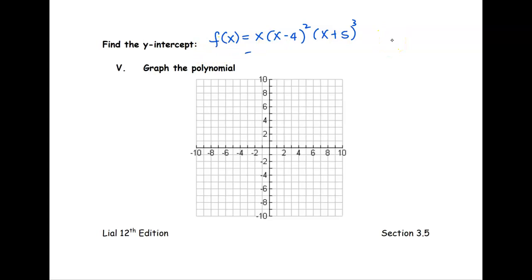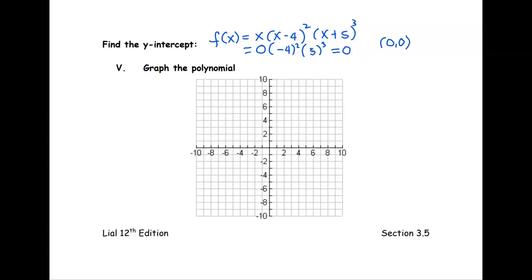So if x is equal to 0, we have 0 times 0 minus 4 squared times 0 plus 5 cubed. Regardless of what the answer here is, you have 0 here already. So 0 times whatever number is equal to 0. Therefore, the y-intercept is the point 0, 0.